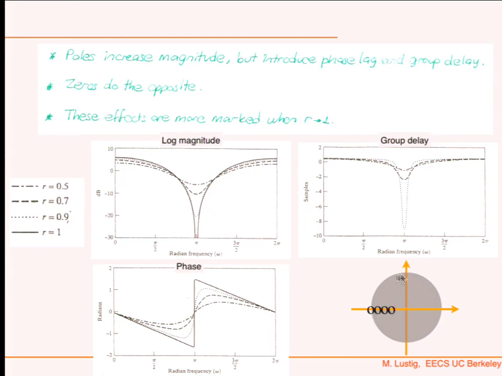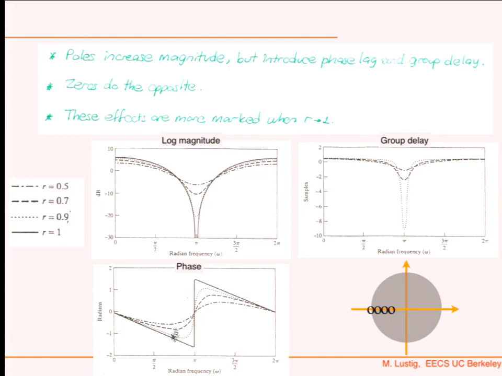As this zero moves closer to the unit circle, the log magnitude dip becomes deeper and deeper. And of course, if you've got a zero exactly on the unit circle, then the function is going to be zero at that point, because that's the definition of a zero.